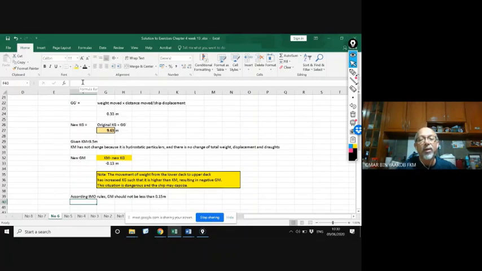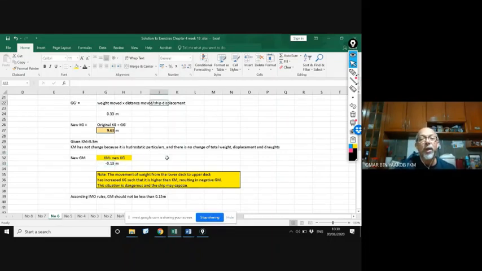So whenever your calculation shows that GM is less than 0.15, you can automatically make a judgment that this is not acceptable. You need to change your loading and so on, so that you get more than 0.15. In this case, it's not only less than 0.15, but it's negative. Definitely, it is unacceptable.